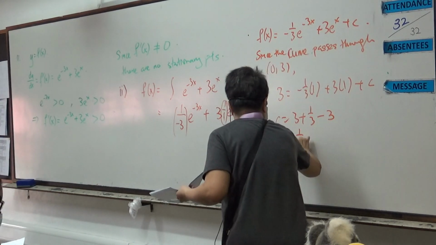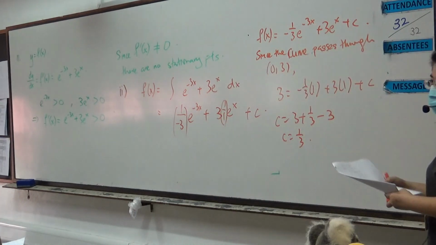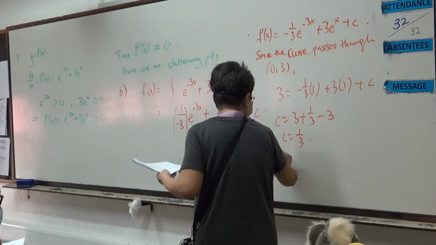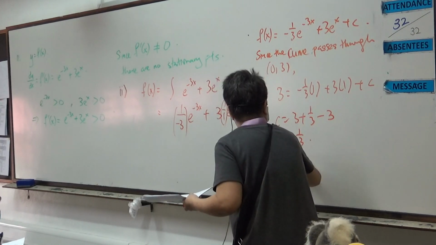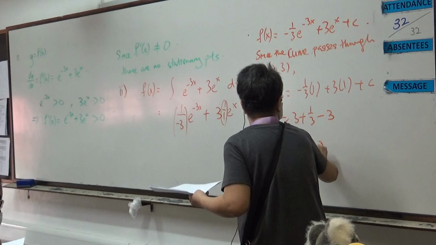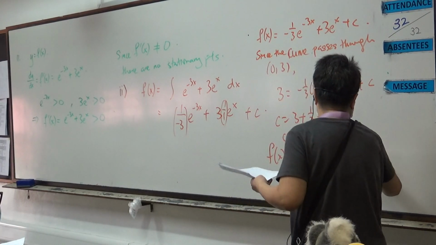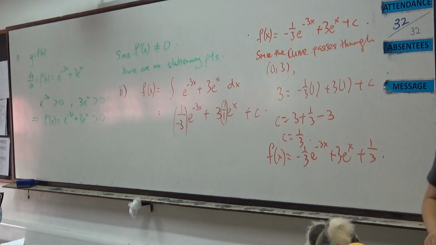So C is just equal to 1/3. Am I right? So what is my f of x? Negative 1/3 e to the power of negative 3x, plus 3e to the power of x, plus 1/3. That will be my f of x.